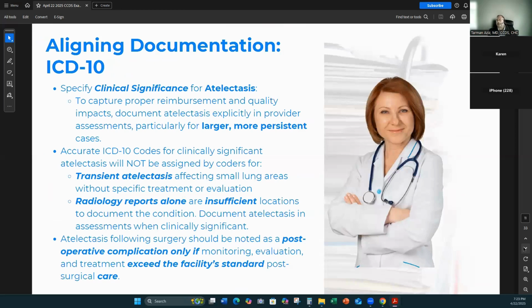And of course, there are other diagnoses that we should be cognizant of when we think about respiratory diseases and the provider assessments that may be asked about for CCDS knowledge base. So atelectasis is another highly tested area for CCDS. And how does this work?